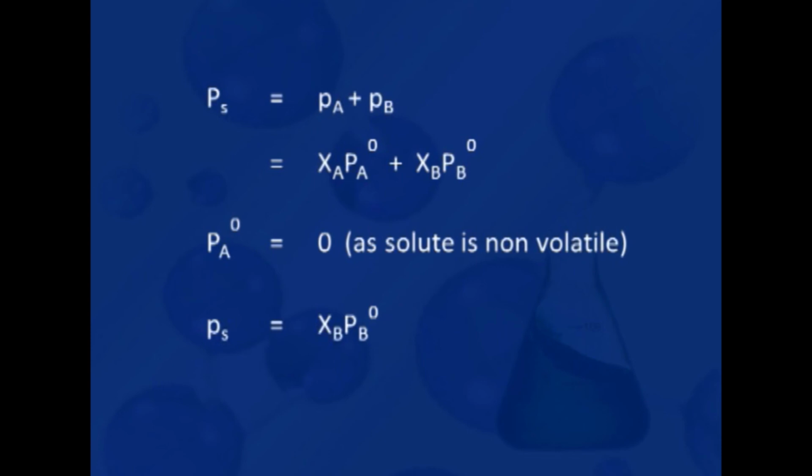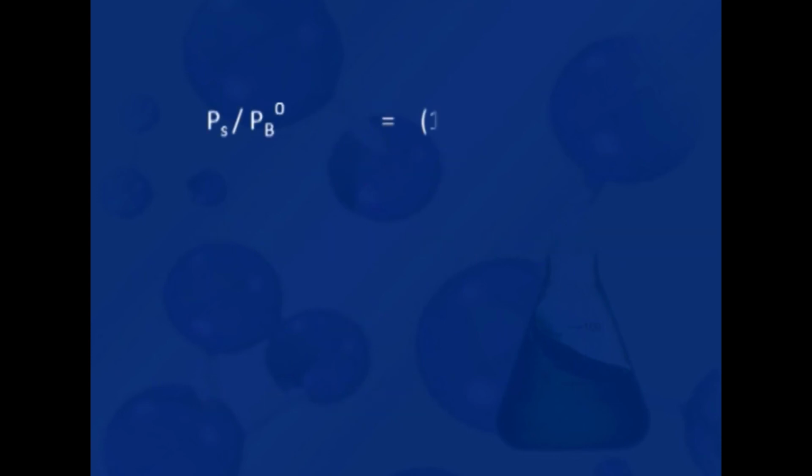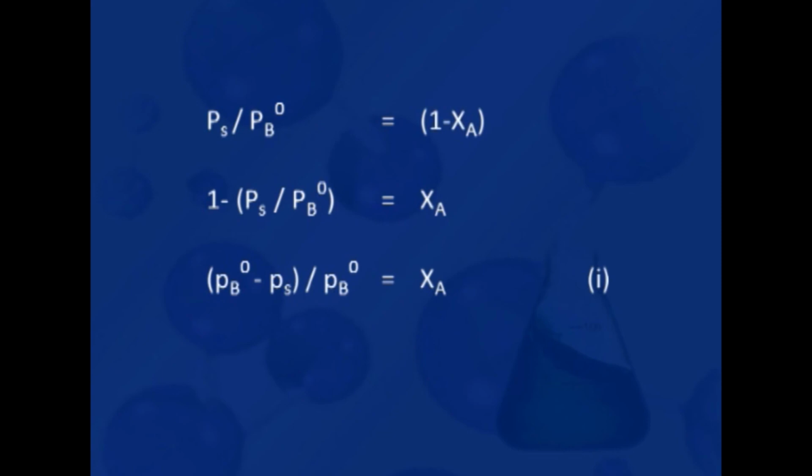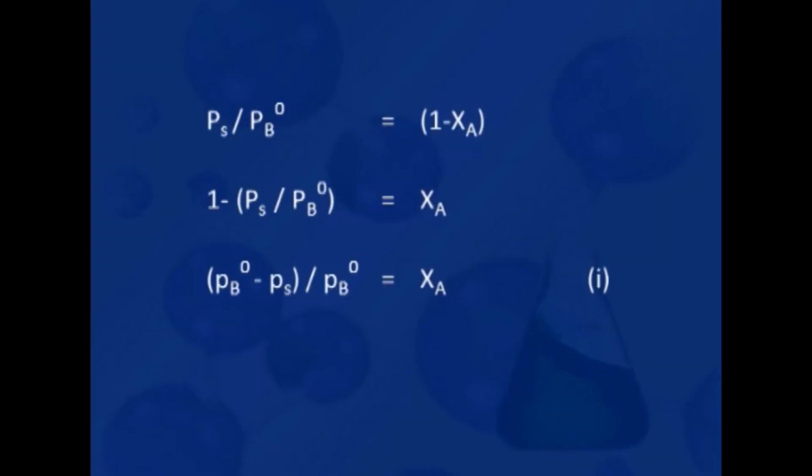Now, you will get Ps is equal to (1 minus XA) multiplied by P naught B. On rearranging, you will get Ps upon P naught B equal to 1 minus XA, or you can get (P naught B minus Ps) upon P naught B is equal to XA, meaning relative lowering in vapor pressure is equal to mole fraction of solute. This is Raoult's law for dilute solutions.